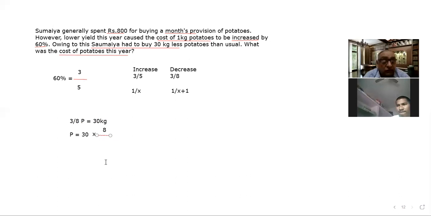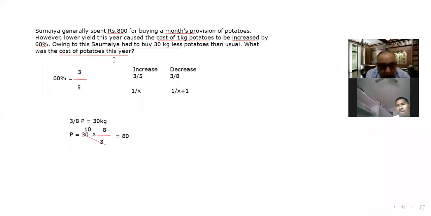When we solve this, 30 and 3 cancel and it becomes 10 into 8, that is equal to 80 kg. So the potatoes consumed last year or last month were equal to 80 kg.